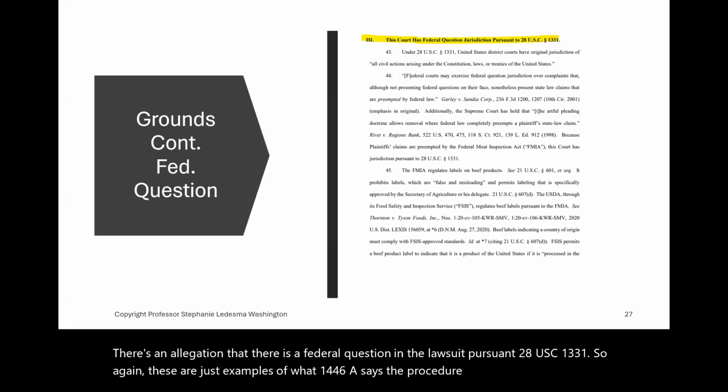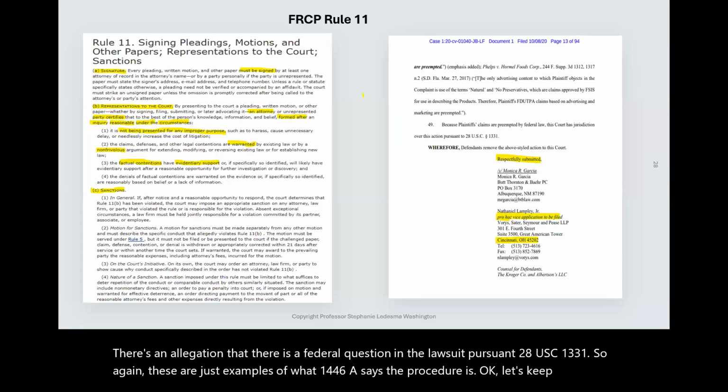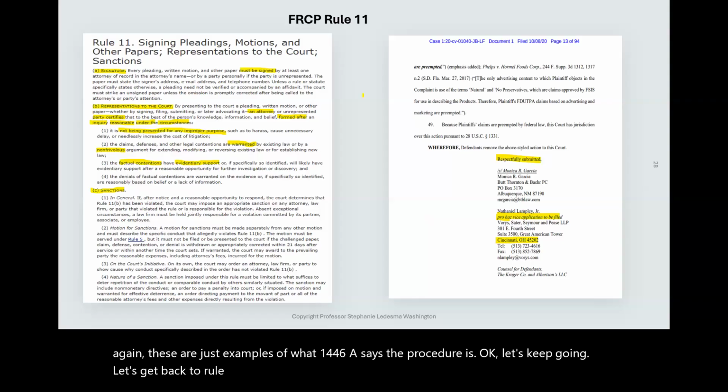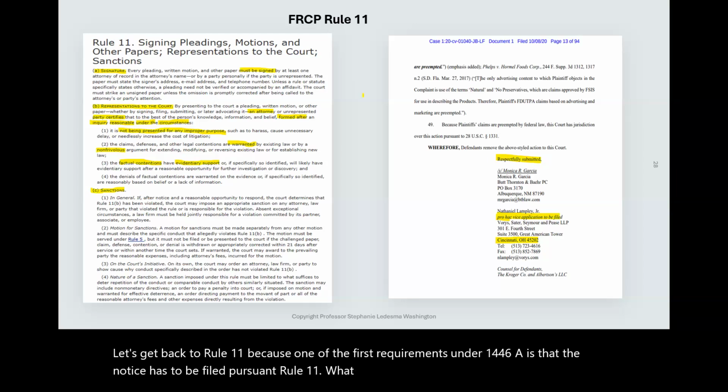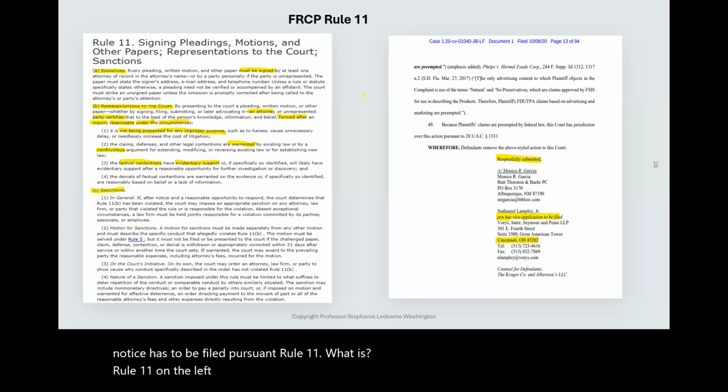Okay, let's keep going. Let's get back to Rule 11, because one of the first requirements under 1446(a) is that the notice has to be filed pursuant to Rule 11. What is Rule 11? On the left side of the slide, I give you Federal Rule of Civil Procedure 11.